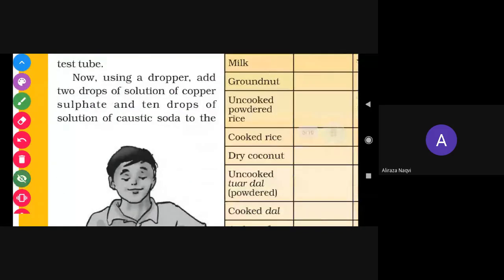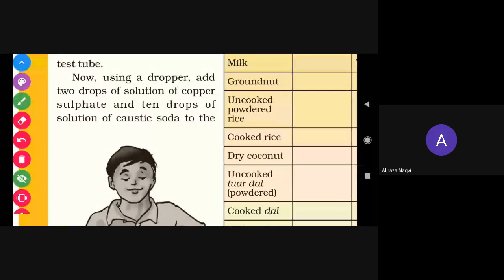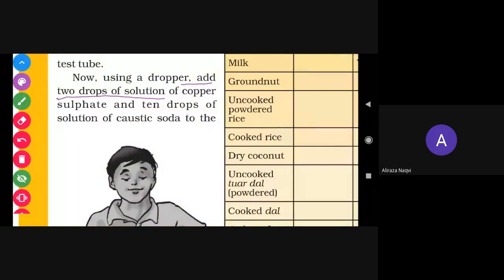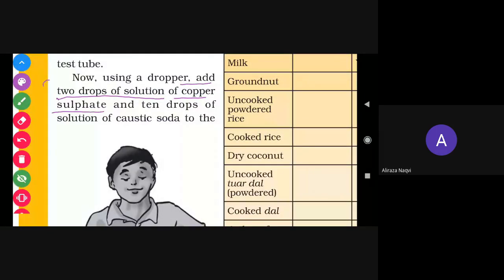So then what you have to do is use a dropper and add 2 drops of copper sulfate solution. This is the fifth point, right? You need to add a few drops of copper sulfate solution and then add 10 drops of caustic soda.